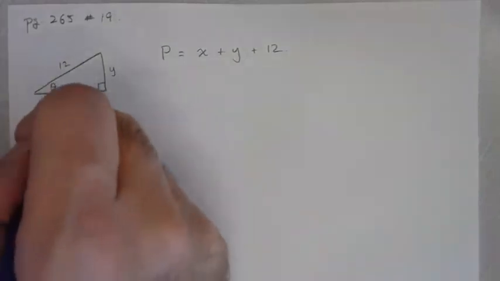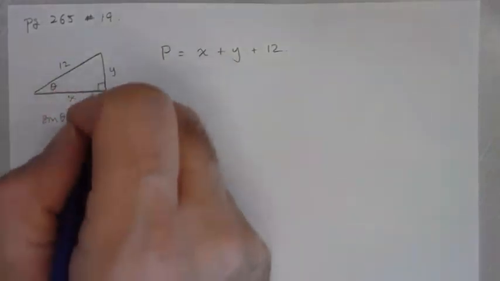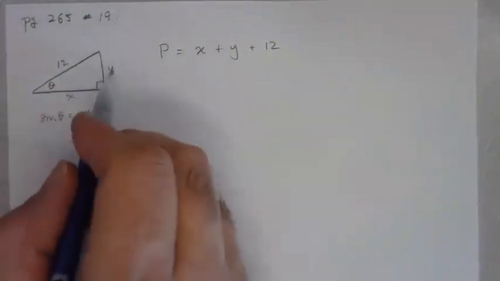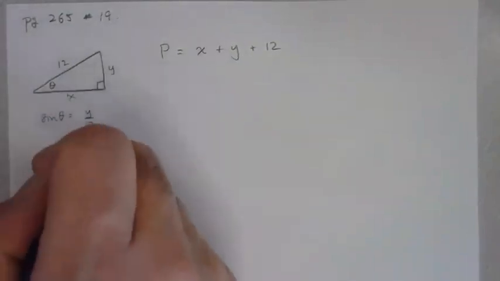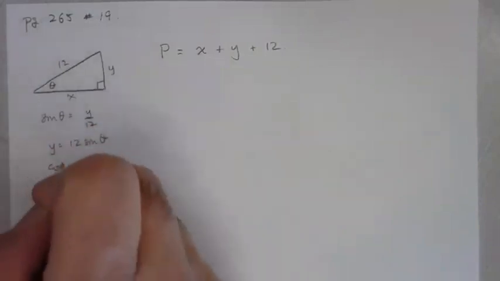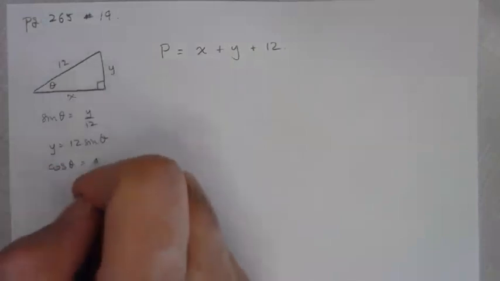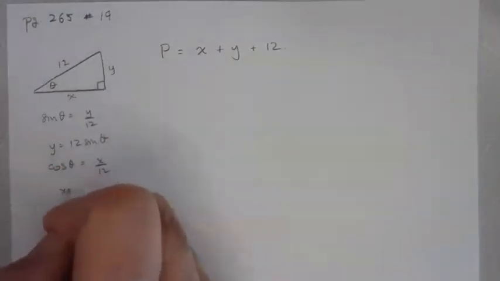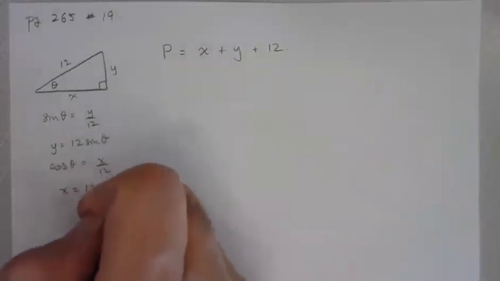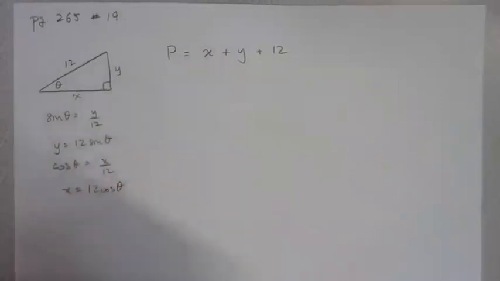So we know that sine of theta is opposite over hypotenuse. So y in terms of theta is just 12 sine theta. And similarly, cos of theta is x over 12. So x, which is the other thing I've got in my expression, is just 12 cos theta.